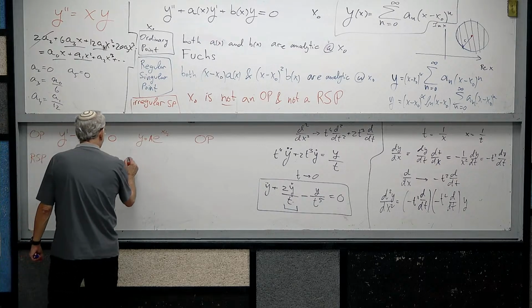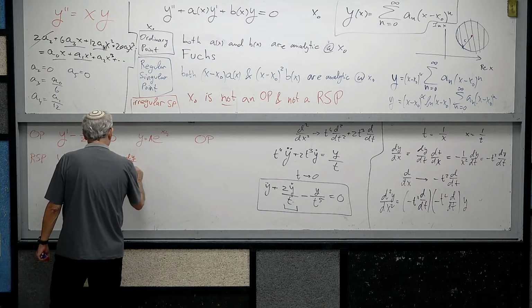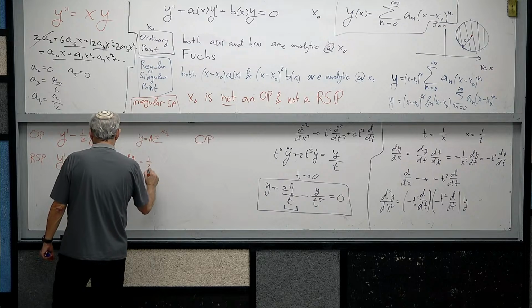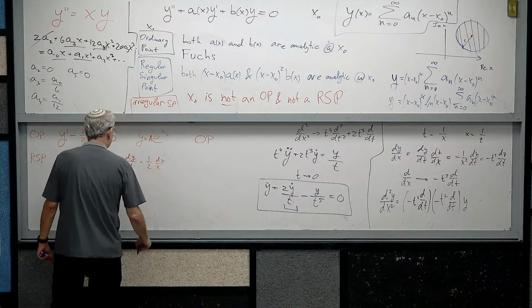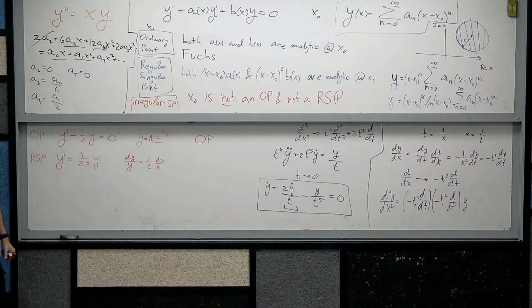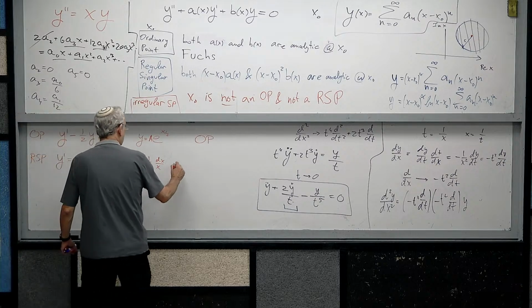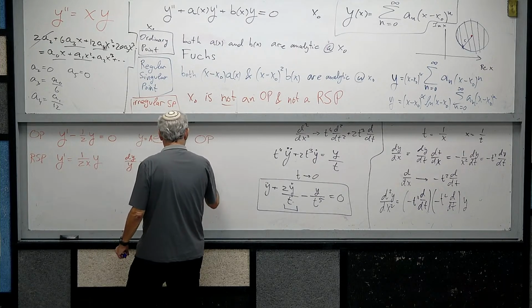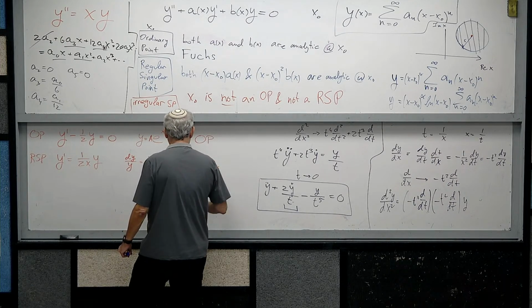Again, it's an exact equation. We can write it as dy over y equals 1/2 dx over x. And integrate both sides. What will I get? ln y is 1/2 ln x.